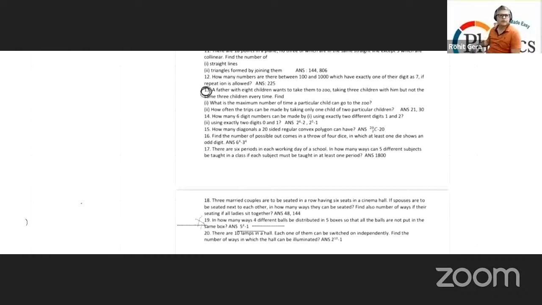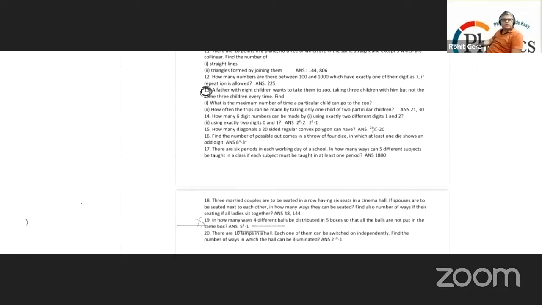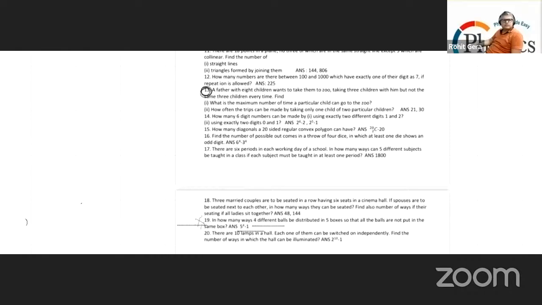4 बच्चे ले जाते हैं नहीं साथ में. 3. With him. फादर को भी इंक्लूड करना है. नहीं. तो 8 चिल्ड्रन है और 3 एक बार में ले जा रहे हैं. 8C3.